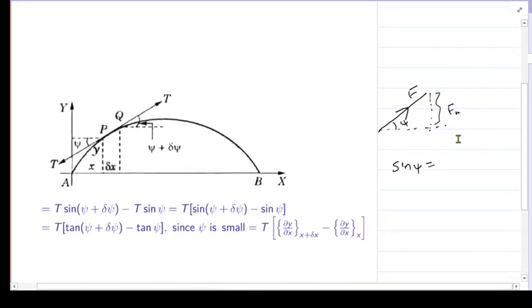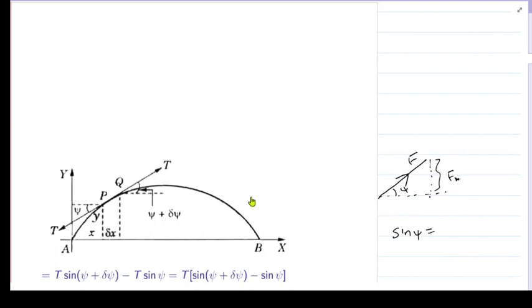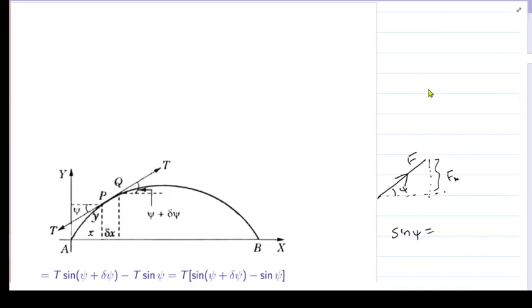In this picture we can consider the vertical and horizontal components. This is the vertical component, F vertical, and this is the horizontal component. So clearly sine psi is equal to the force in the vertical component divided by the actual force.